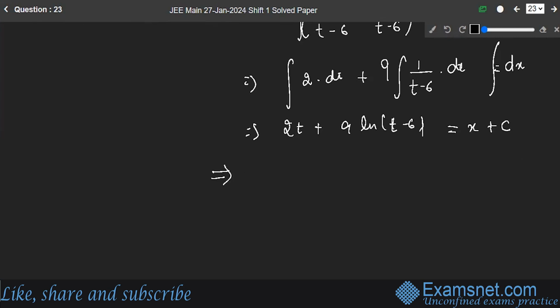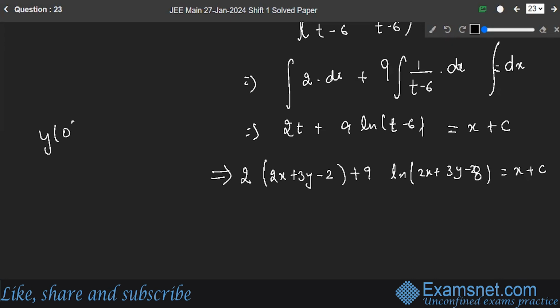And here you had t as 2x + 3y - 2. I'm filling in the value of t: 2(2x + 3y - 2) + 9 natural log |2x + 3y - 2 - 6|, I'm writing 2x + 3y - 8, is equal to x + c. Okay. Now you are given in the question y(0) is equal to 3.